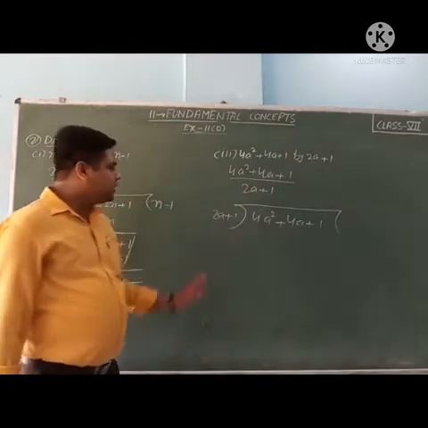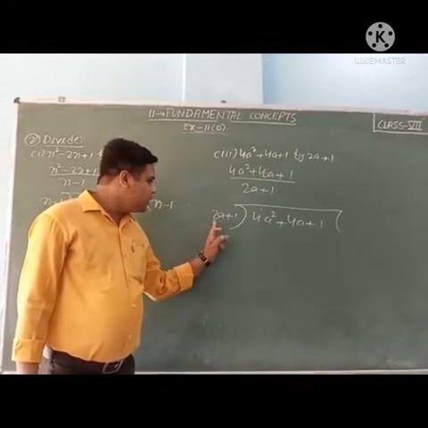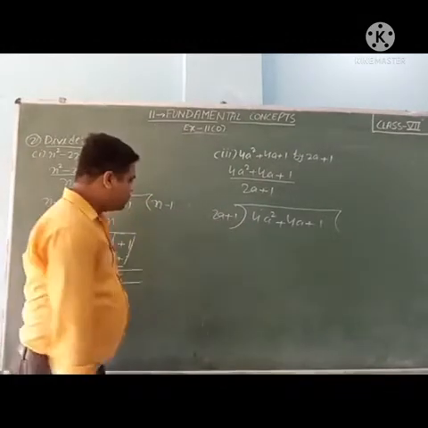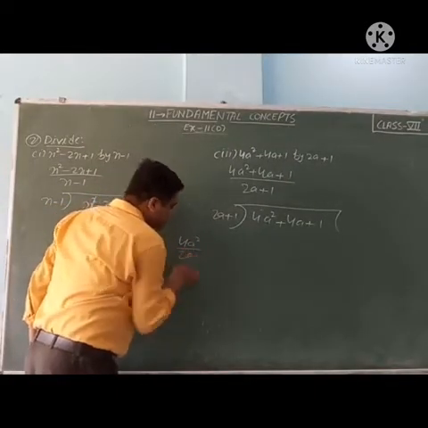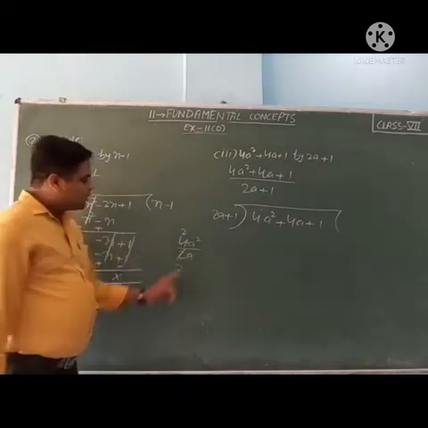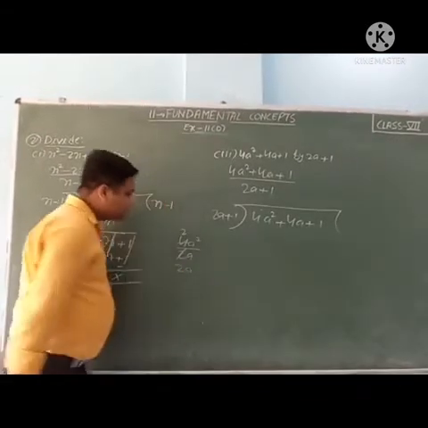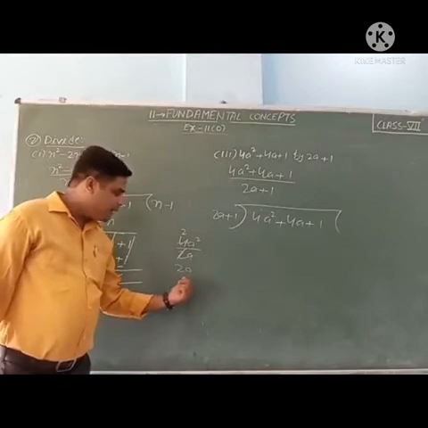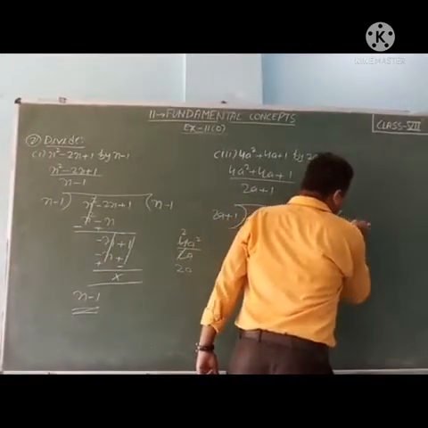See, by which number will we multiply in 2a to get 4a square? We can identify like this: 4a square divided by 2a. 2 to the 4, 2 about a. Here a is having power 2, here 1, means a. So by which number or term we will multiply in 2a, that will come 4a square by 2a. So here we will write 2a.